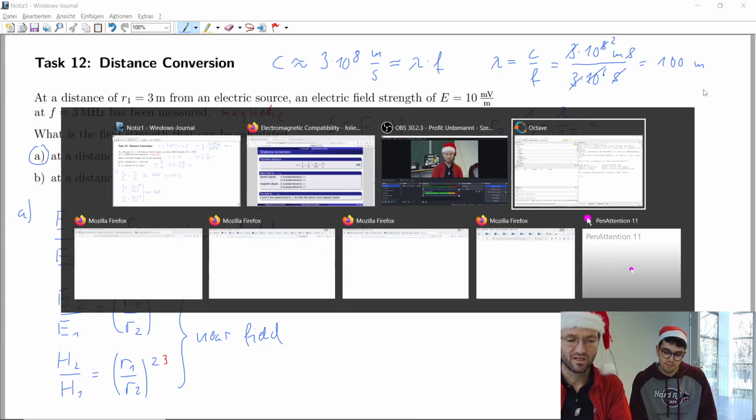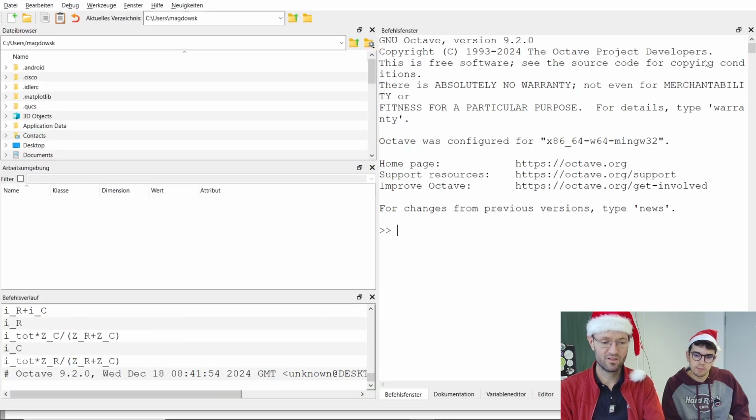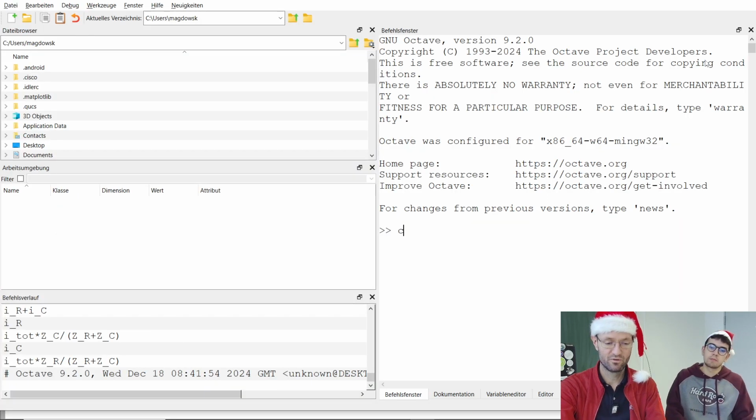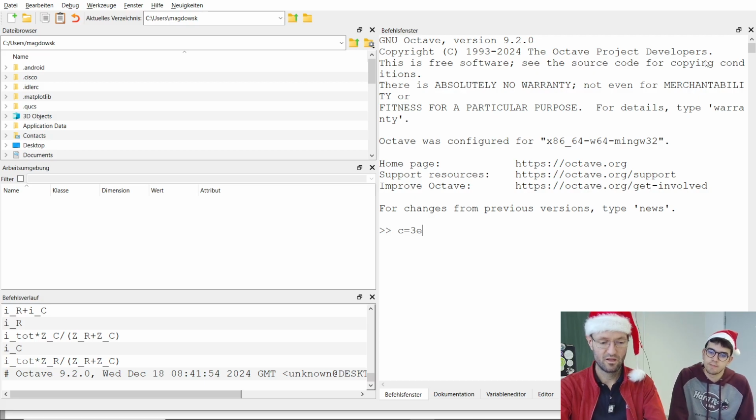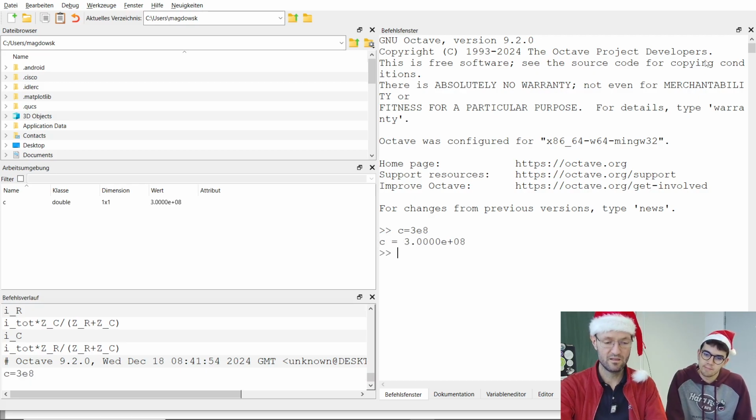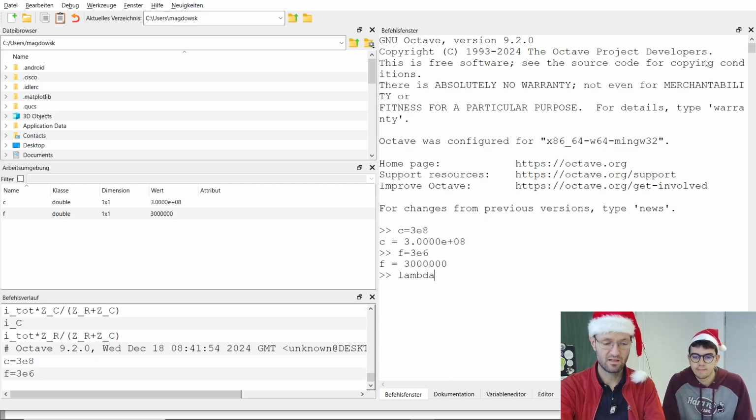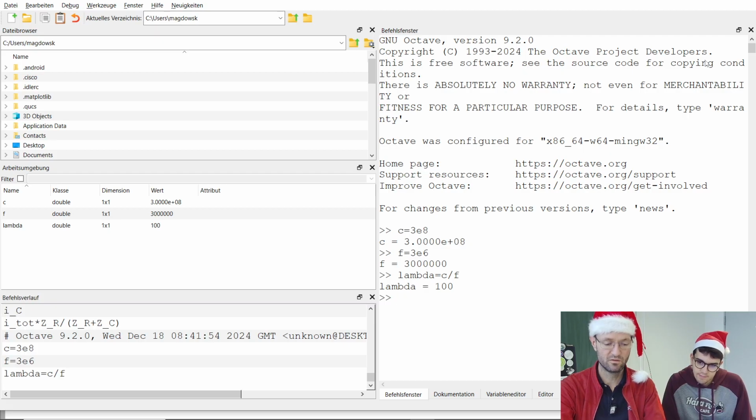And so we can use Octave and do this calculation there, and hopefully now it won't crash. So I will insert these values. c is 3 times 10 to the power of 8. Our frequency was 3 megahertz, and lambda was c divided by f. This should be our 100 meters, and that's right.